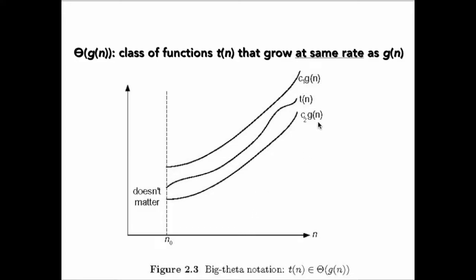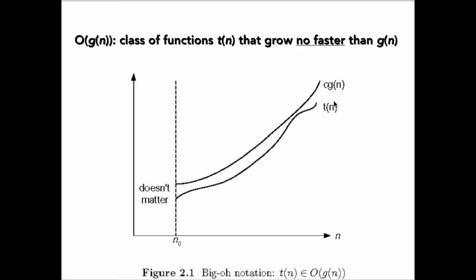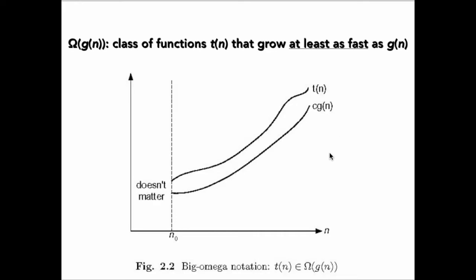Ibigyan tayo ng better approximation if we have theta of g of n compared to a looser description of the running time of the algorithm. Kasi dito, ang pwede nating ma-conclude is that, I have an algorithm and the running time of that algorithm is below this function. Parang ganun. Tapos, if we have this function, hindi siya bababa than this function.